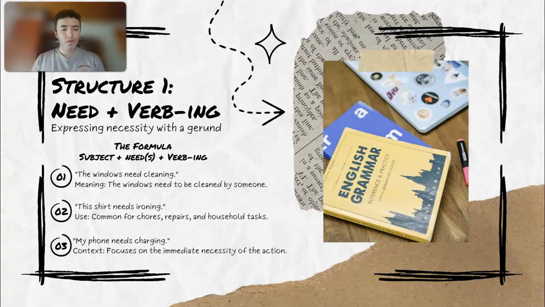Used commonly for chores, repairs, and household tasks. And the final example, my phone needs charging. The context focuses on the immediate necessity of the action. I said this before, this structure is especially common in British English, but is understood everywhere, okay? It makes the sentence shorter.